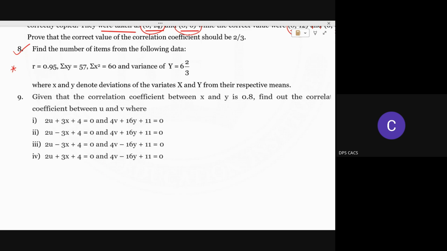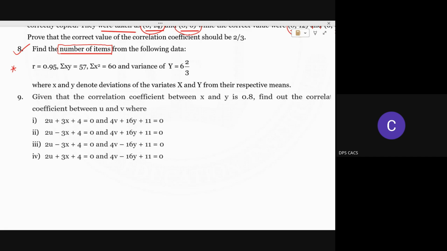How many people think formula 2 will be used? Think about it. Which formula I should use? They are asking me number of items. Number of items is small n.